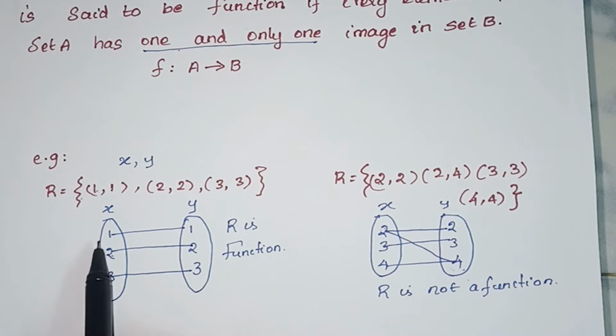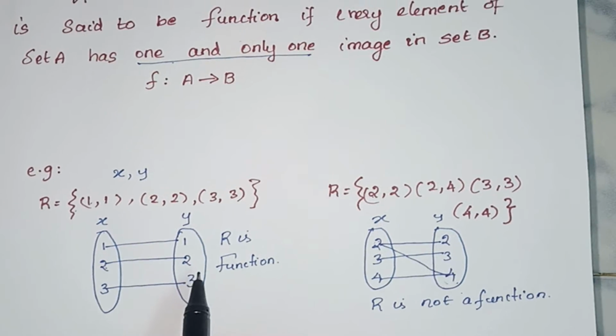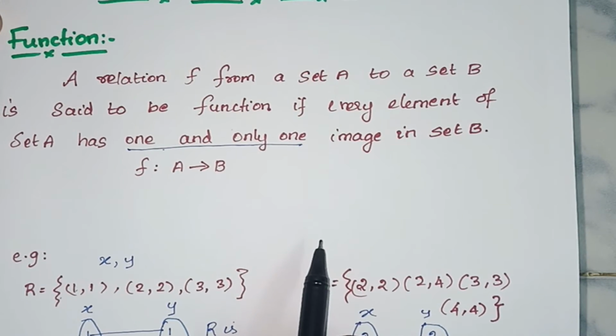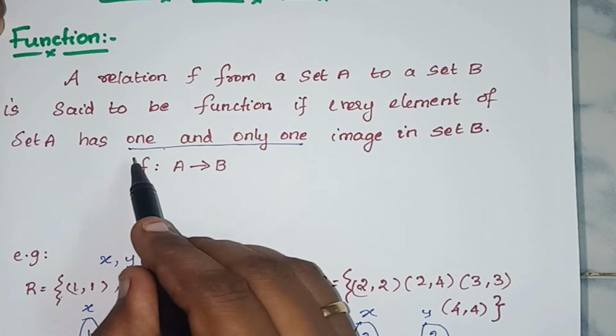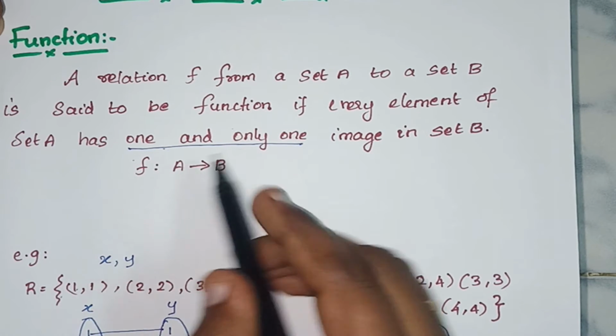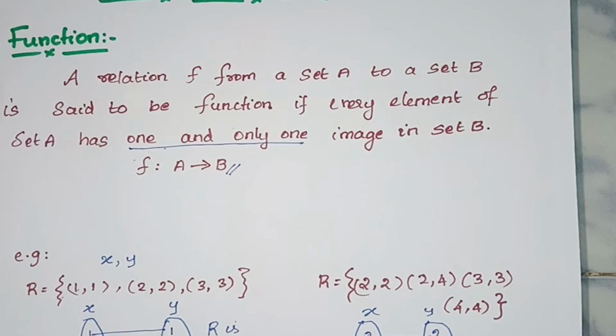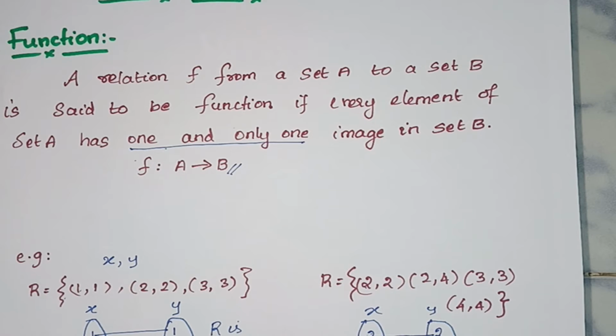This function is represented by f colon A tends to B. So a function is nothing but every element in set A has only one image in set B.